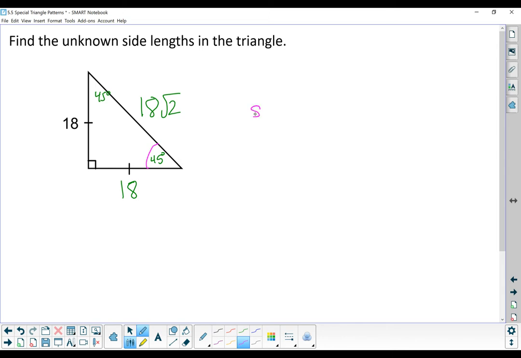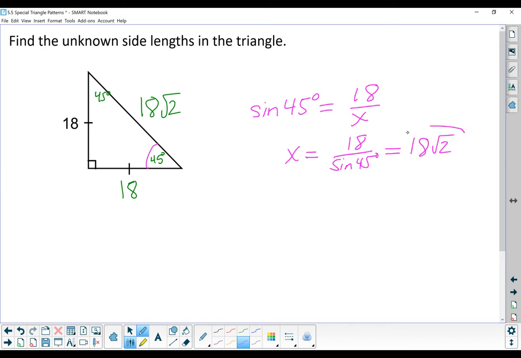For this one, we would do the sine of 45 degrees equals 18 over x. So x is equal to 18 over the sine of 45 degrees. And you type that in your calculator and you're going to get 18 root 2 for the hypotenuse. So you can absolutely set up a trig ratio to solve for any of these sides.